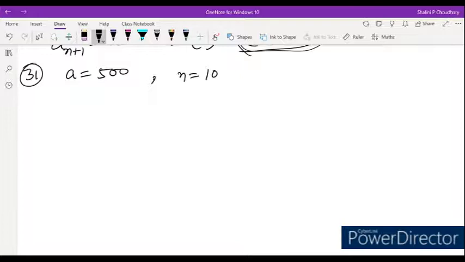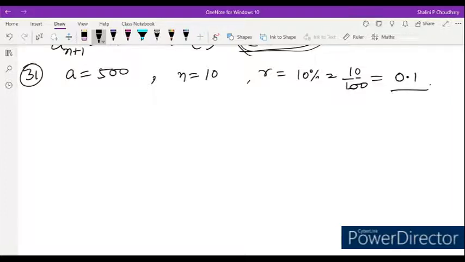Now the rate of interest, that is the ratio, how much it's increasing, compound, so that is 10%. 10% means 10 upon 100. We have to convert this percentage into a fraction, so it will be 0.1. Okay, r is equal to 0.1.